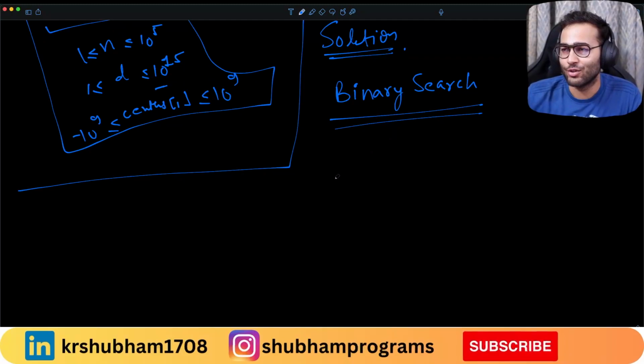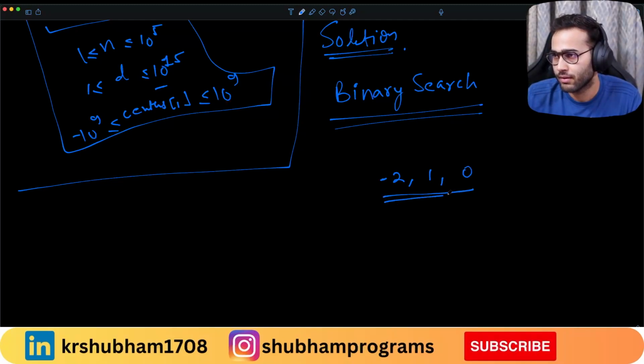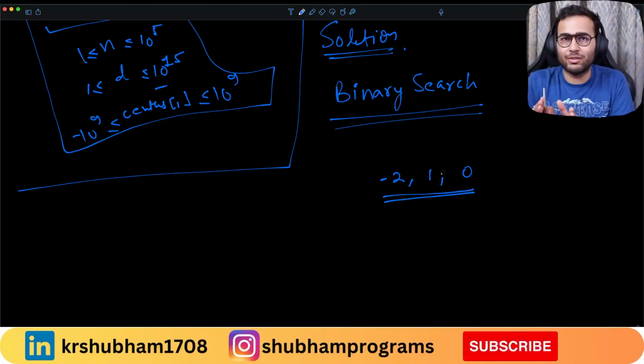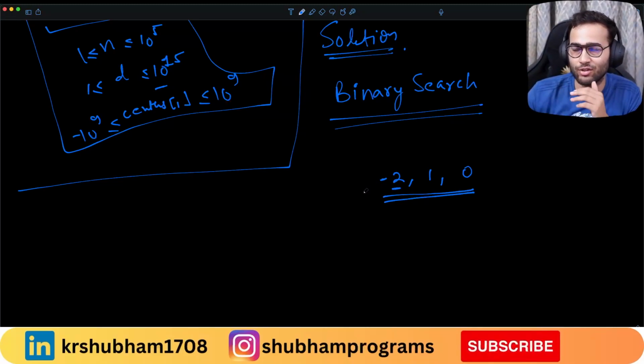Let's see. The idea here is, consider this example: -2, 1, 0. The farthest point I can have from the leftmost center, this is already sorted, is minus D by 2 distance.